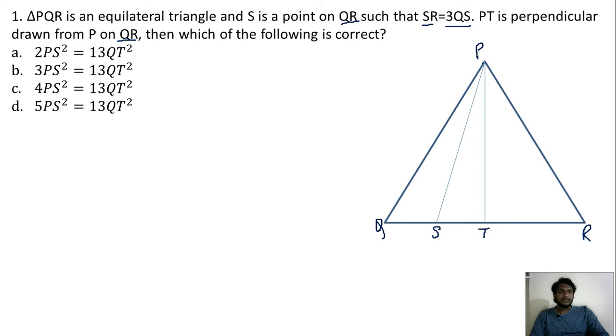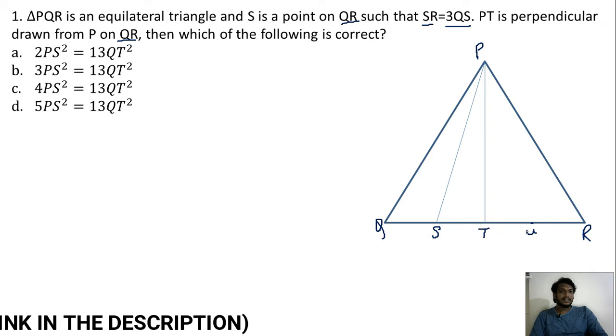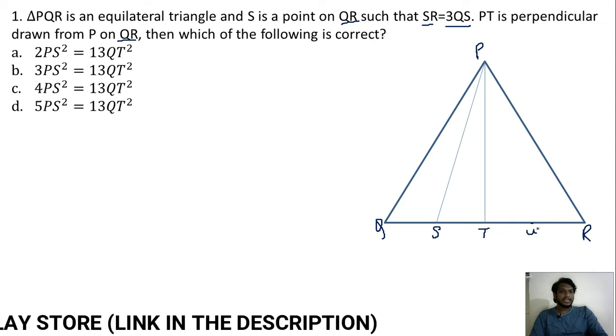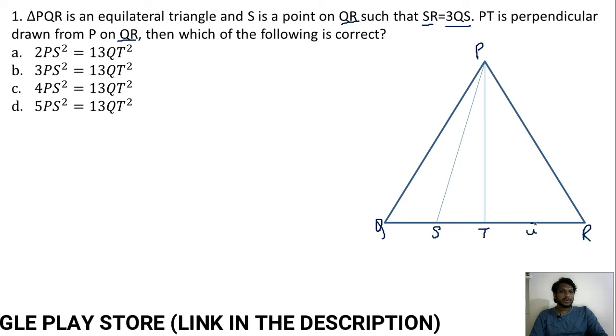Now since this is an equilateral triangle, T divides QR into two equal parts. Now since SR is equal to 3QS, if you add a point on TR, let us say this as U, then QS is equal to ST is equal to TU is equal to UR.